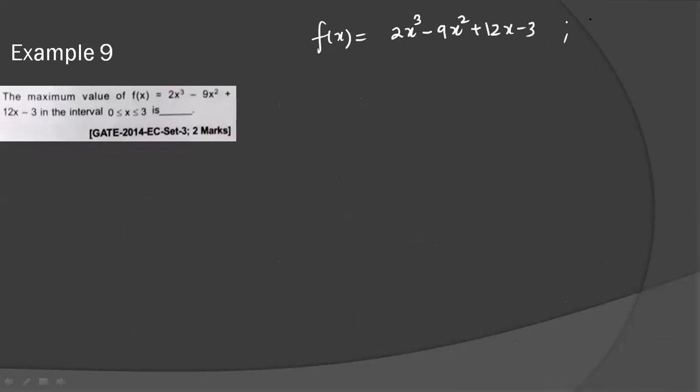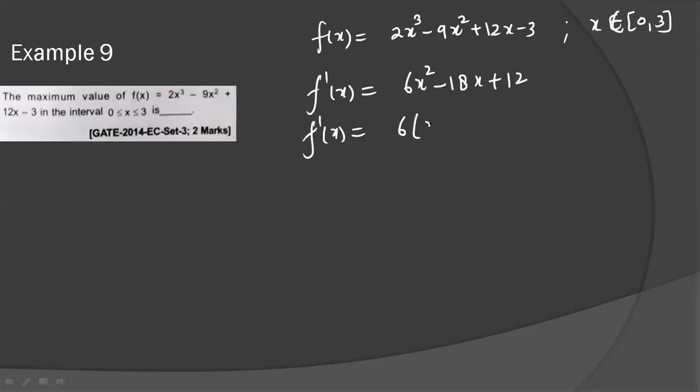Function 2x cube minus 9x square plus 12x minus 3, where x belongs to the closed interval 0 to 3. See carefully, a closed interval is given to you. Now, what is f dash x? It is 6x square minus 18x plus 12. If you take 6 common, then x square minus 3x plus 2, or 6 times x minus 1 times x minus 2.